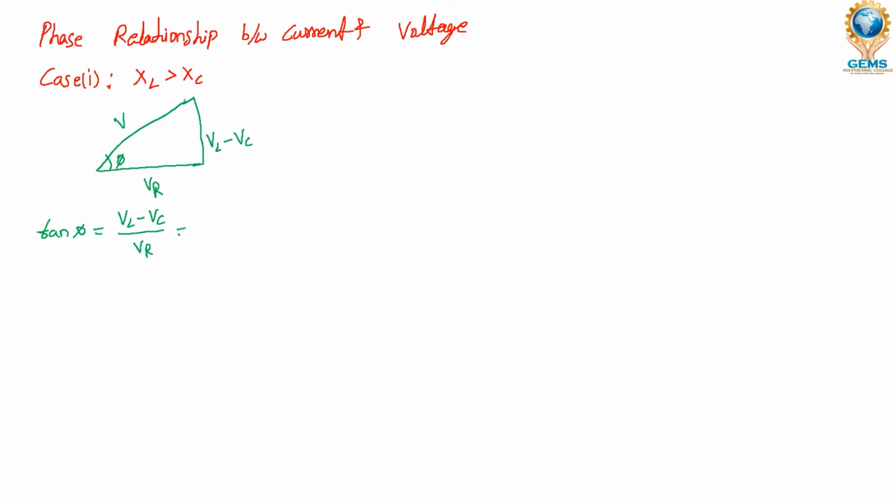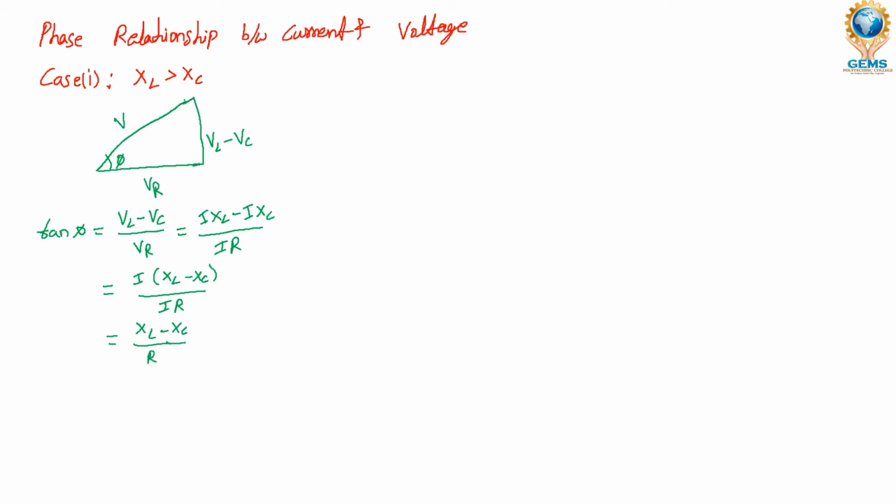VL equals I into XL, VC equals I into XC, VR equals I into R. If we take I as common, we get XL minus XC by I into R. From this I will cancel, XL minus XC by R.